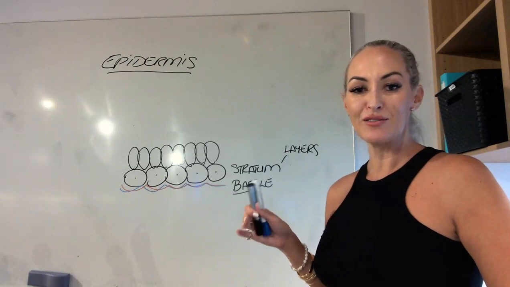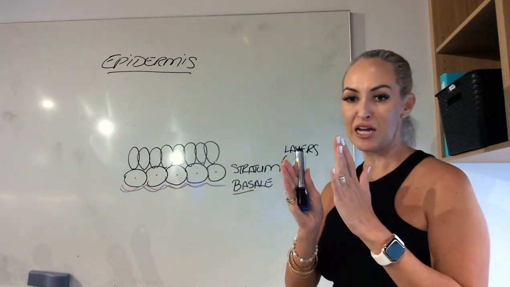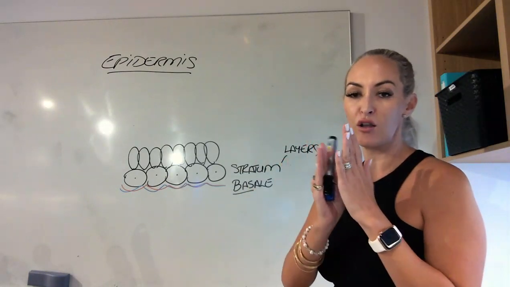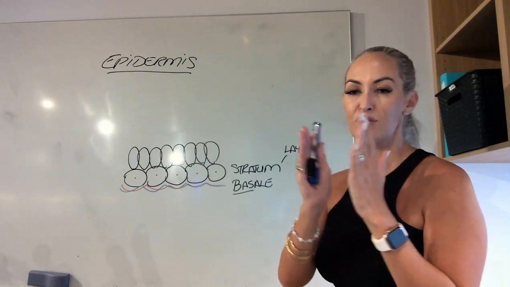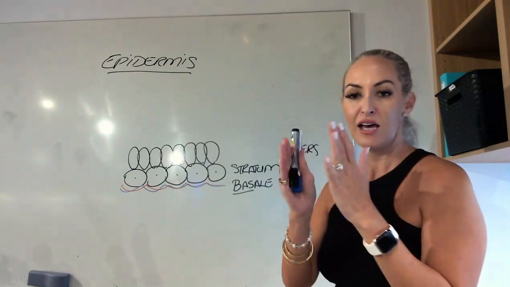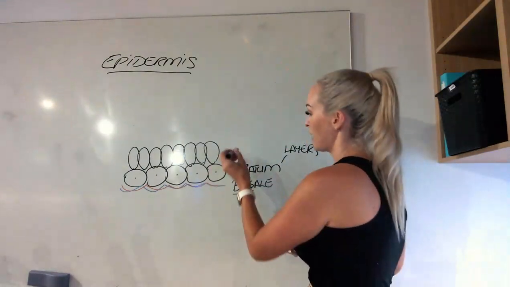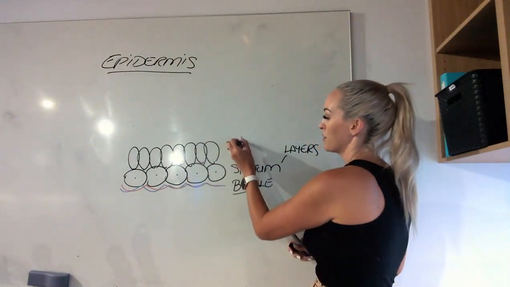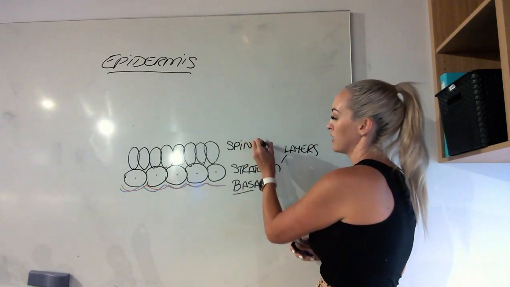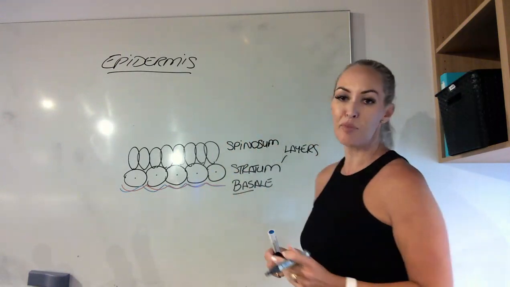But what it's doing is those cells are starting to change in shape. So they're becoming quite spiky and long and elongated. Okay, so some of those structures inside are starting to become a bit squashed. Okay, so this is our spinosum, depending on how you want to say it, and it's like spiky.